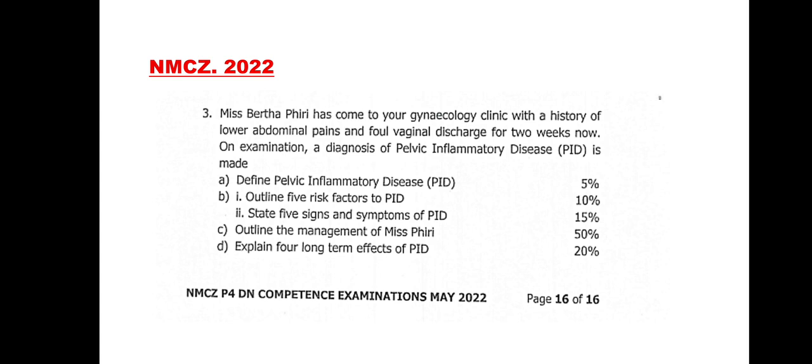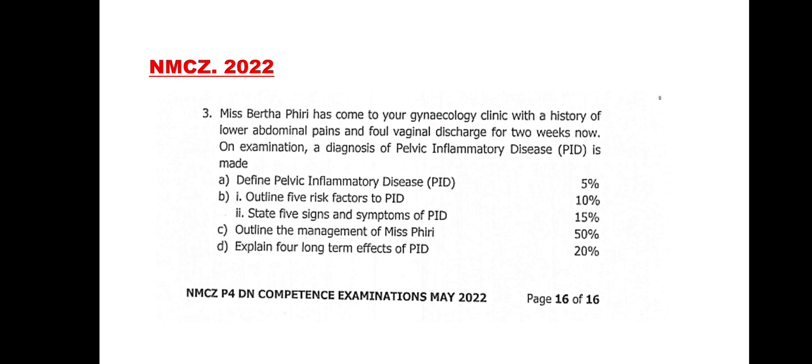How does the intermenstrual bleeding come about? It comes about due to inflammation of the endometrium, also known as endometritis, which disrupts the normal menstrual pattern, leading to intermenstrual bleeding, which we call bleeding between periods. Okay. So those are signs and symptoms of PID.